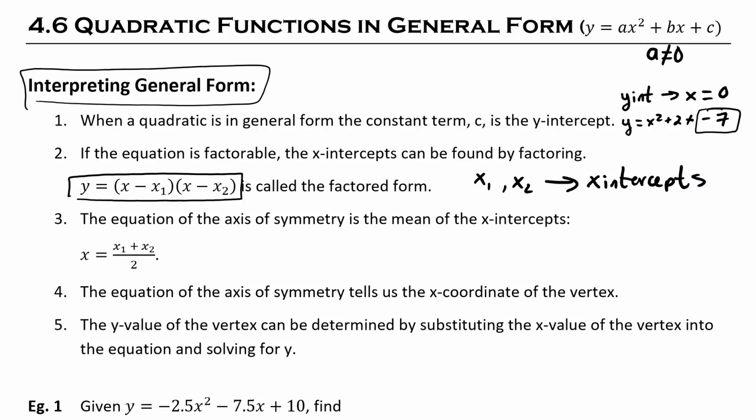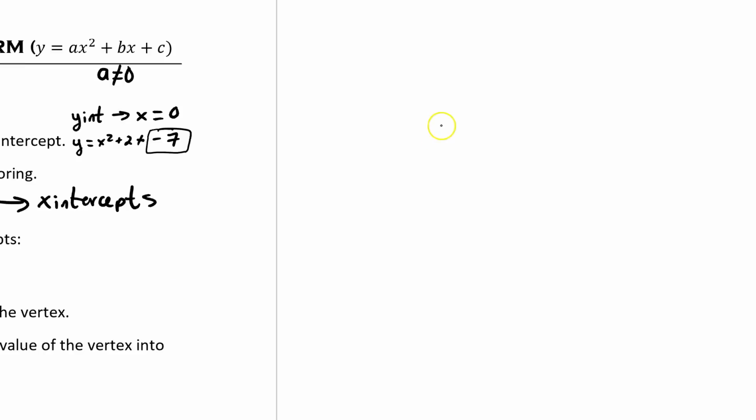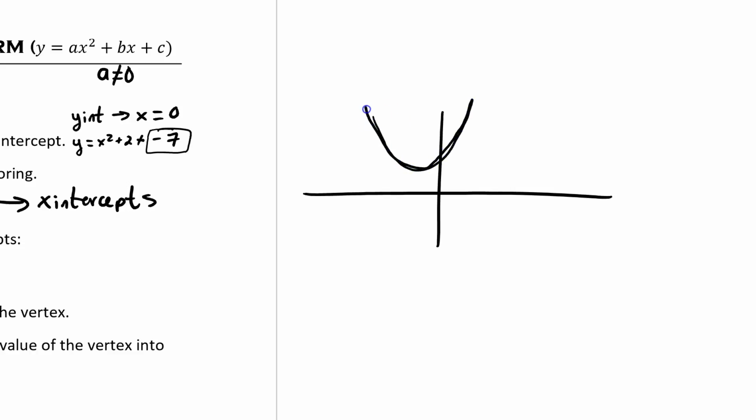Now in general, a parabola is going to have two x-intercepts, but if I can just go off to the side here, go rogue a little bit, if we have a parabola that lives up here, it never touches that x-axis, so this one actually has no roots or no x-intercepts.